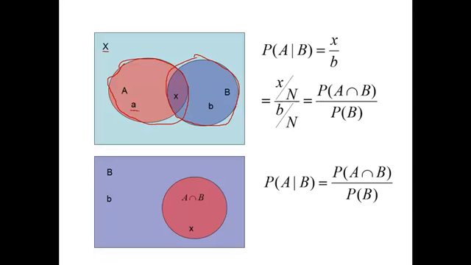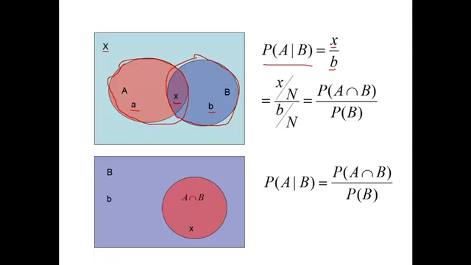A has little a outcomes in it, and B has little b outcomes, and there are x outcomes in the overlap. So if we're calculating the probability of A given B, we know that B has already happened, so this will be the number of things from A that are in B divided by B.